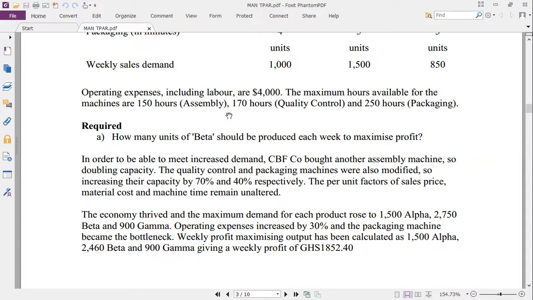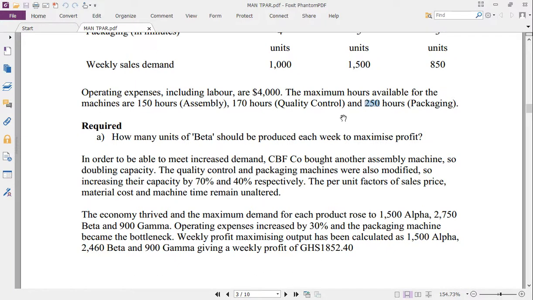So packaging has increased by 40%. What's the packaging time? The packaging time was 250 hours. That was the maximum. So we have to pick the maximum packaging hours. If you go to the very first workings we did, the total available for packaging, we multiplied 250 by 60, and we had 15,000.